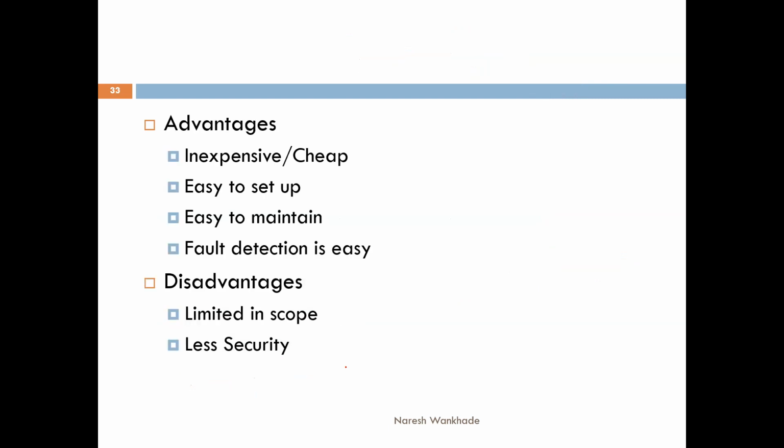Then what are the advantages of this peer-to-peer network? Peer-to-peer network is actually inexpensive or cheap. In what context is it inexpensive? Because here a minimum number of components are used, and components of same status are used.